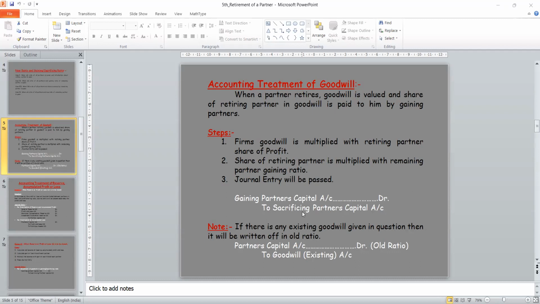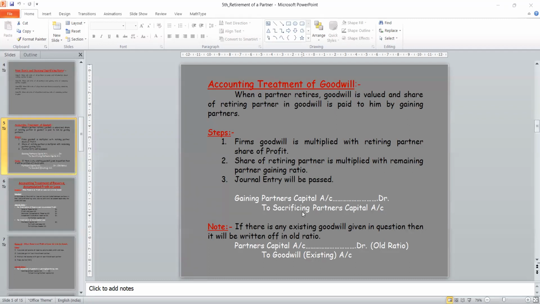Okay, so accounting treatment of goodwill. First of all, you should know there are two types of goodwill that can be given in the question. The first one is valued goodwill. It will always be given as additional information. And the second type is existing goodwill, or goodwill shown in the balance sheet.